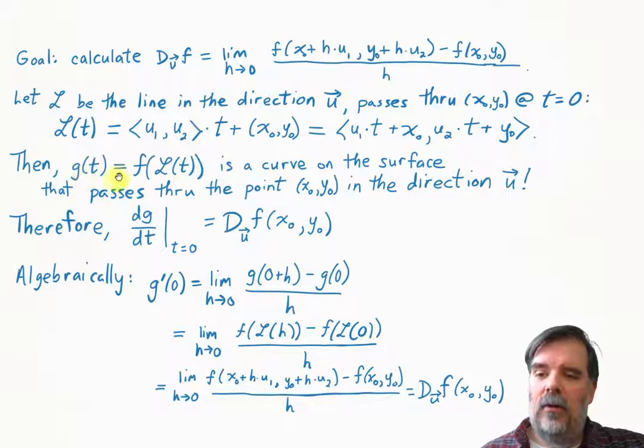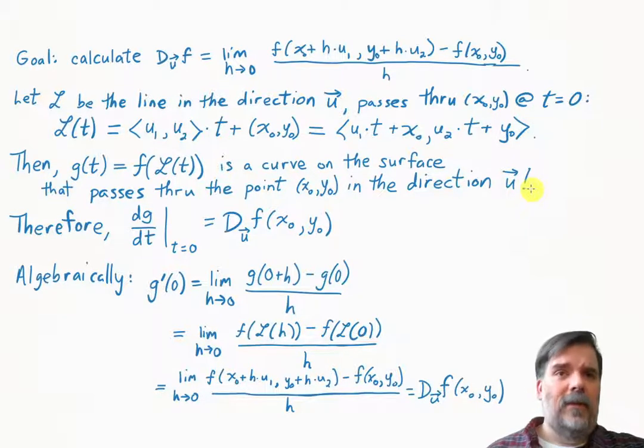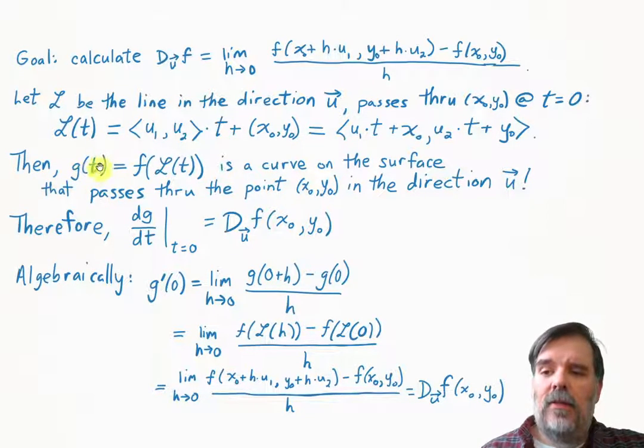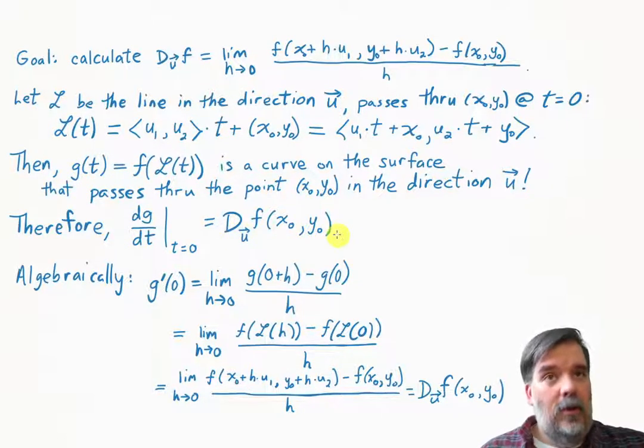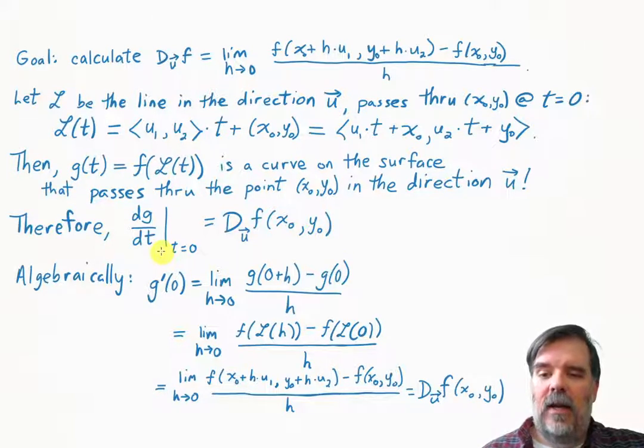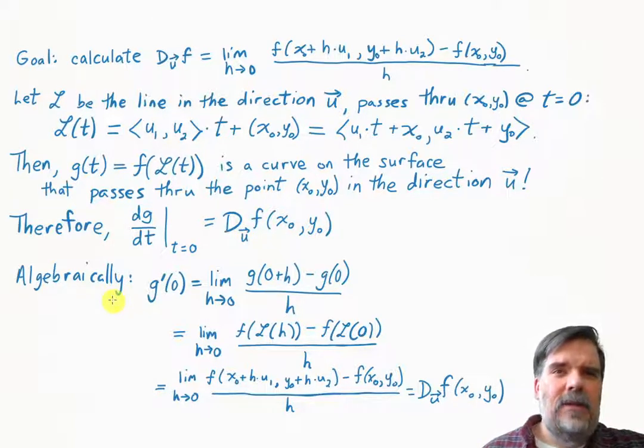That curve we'll call g of t. g of t passes through the point we're interested in, x naught, y naught, and it's traveling in the direction u that we want to calculate the derivative in. So the derivative of this function g of t gives us exactly the directional derivative we're interested in. It's the rate of change of this function in this direction. And so that's a geometric explanation.